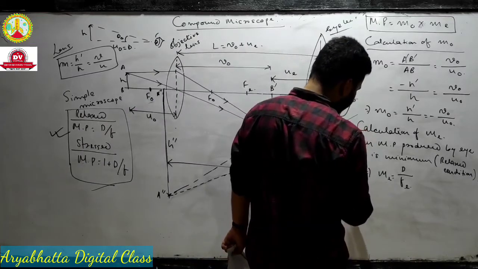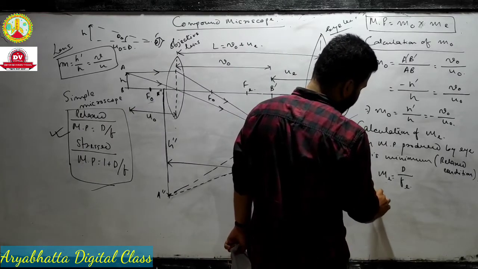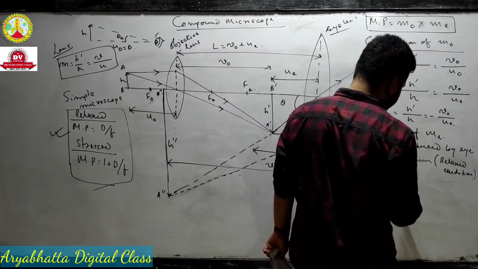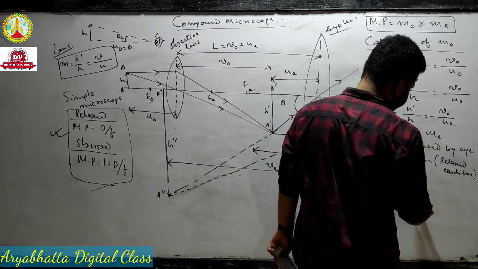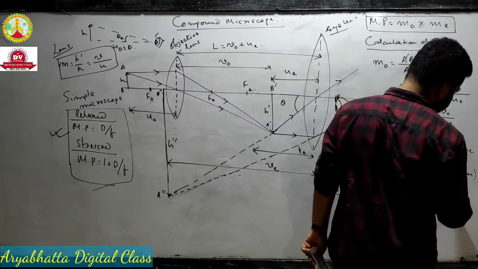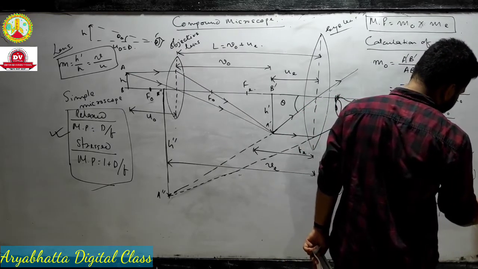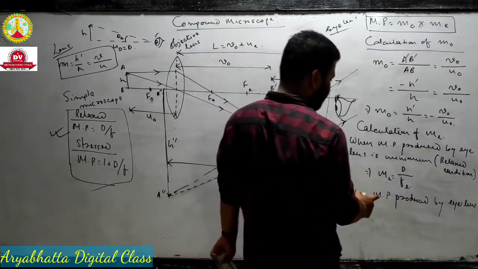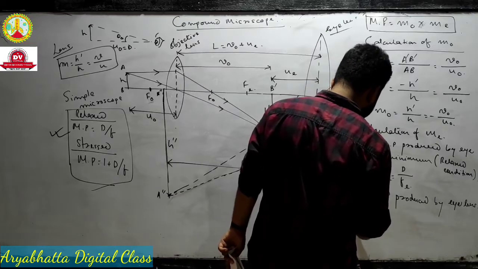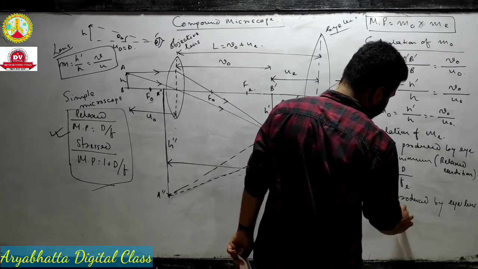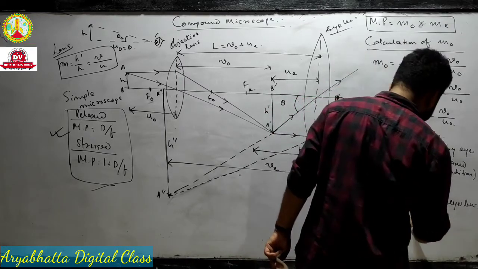So we'll write here that when the magnifying power produced by the eye lens is maximum, because the eye lens is a simple microscope, the power becomes maximum, that is for the stressed condition.